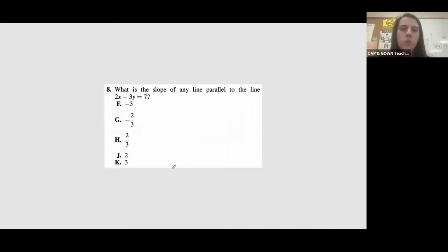Okay. Says, what is the slope of any line parallel to the line given? So you need to know from this. Now, some people may argue this is actually a geometry question, but you actually learn about slopes in Algebra 1 and sometimes even in pre-algebra. So a slope that is parallel is going to have the same slope as the line that's given to us.